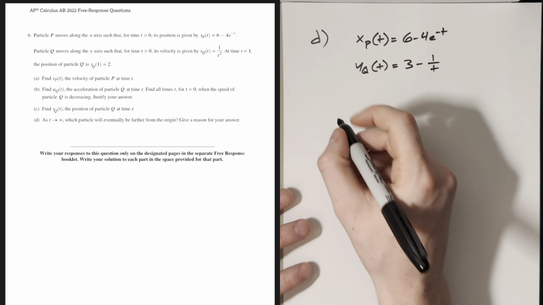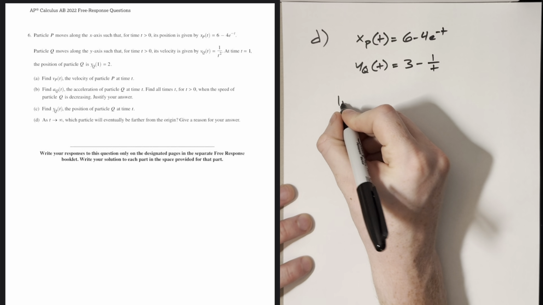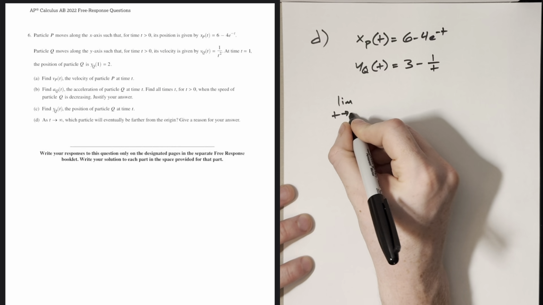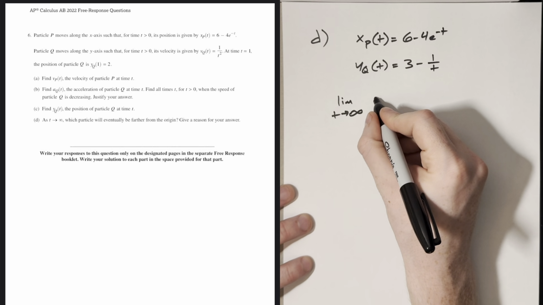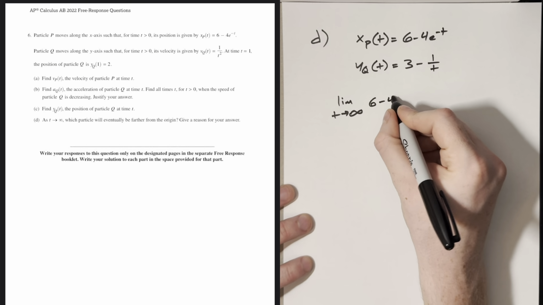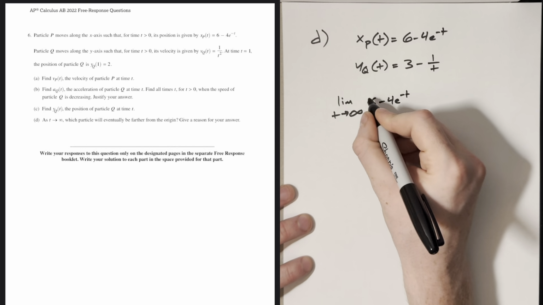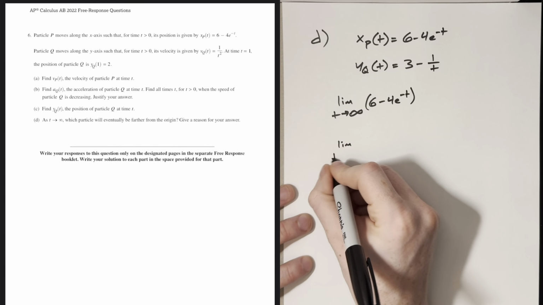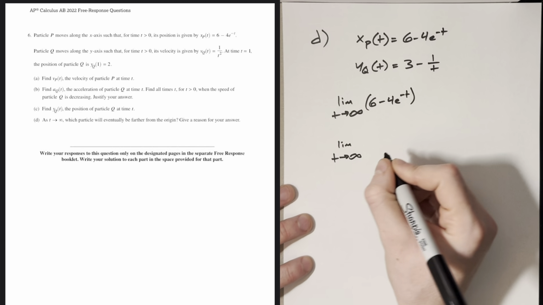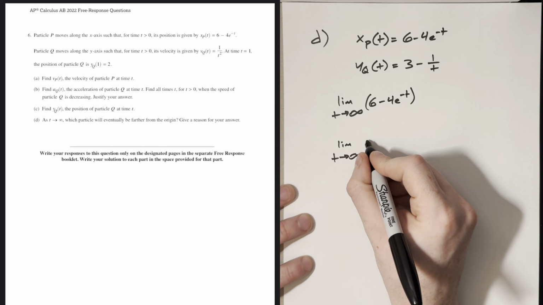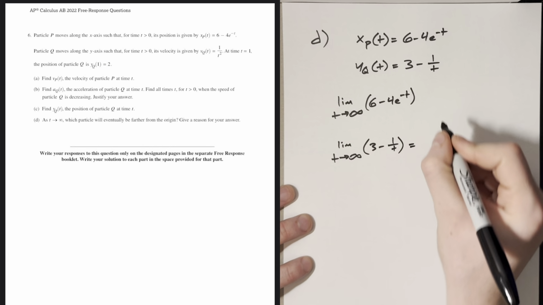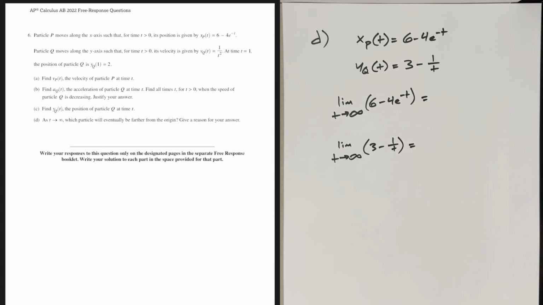Well, what we can do is take two separate limits as t approaches infinity. Take the limit of 6 minus 4 times e to the negative t. And then we'll also take the limit as t approaches infinity of 3 minus 1 over t. We'll figure out which one of these is greater.